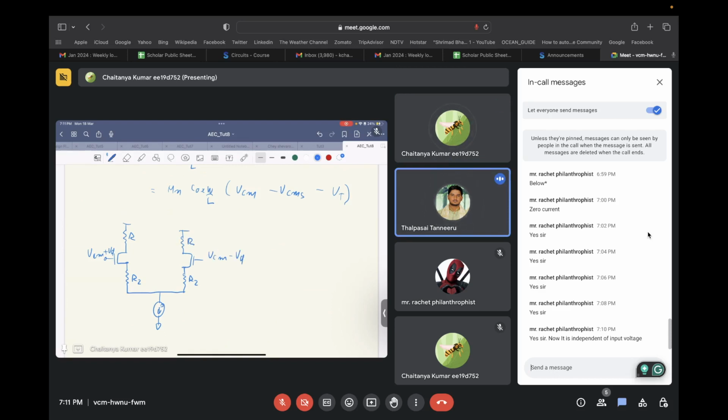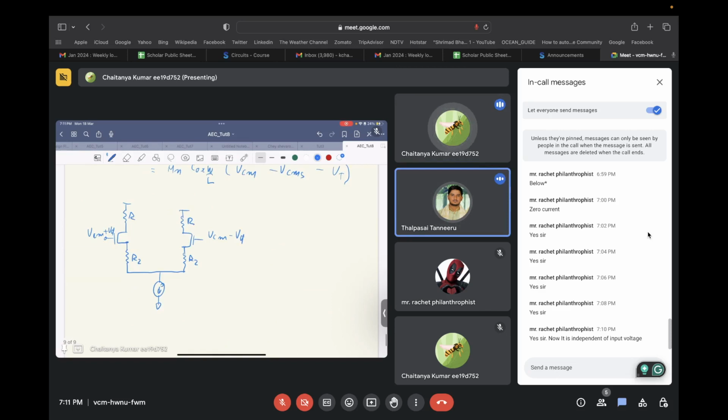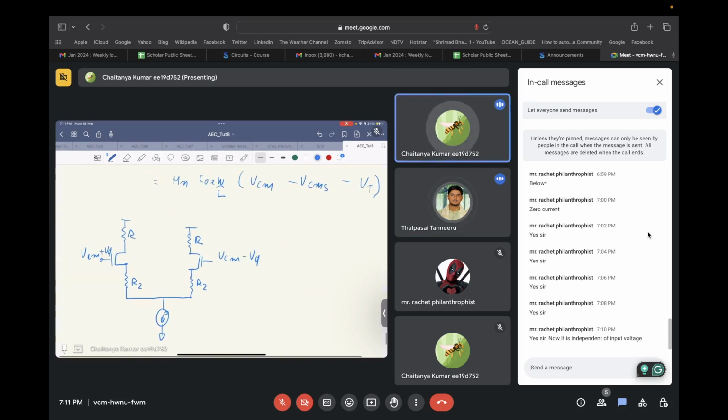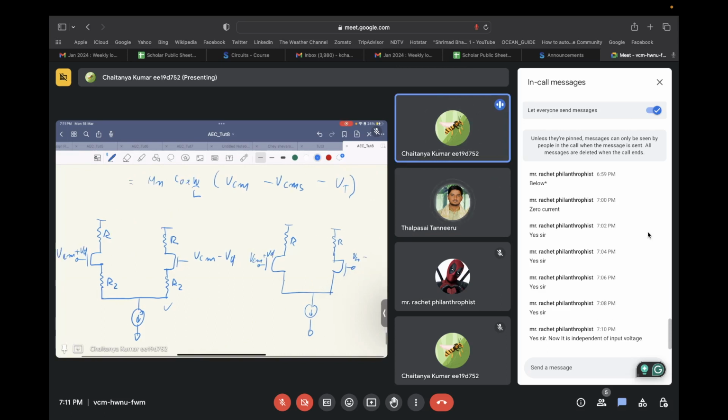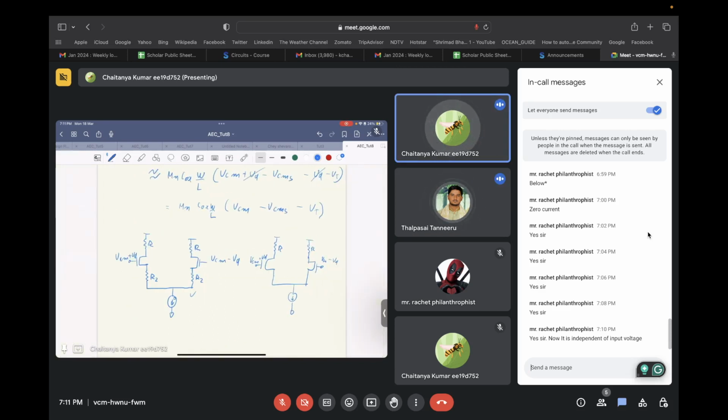Now, if we compare this particular circuit to the original circuit that we had, with VCM plus VD here and VCM minus VD here, in the new circuit there is an additional voltage drop across R2.